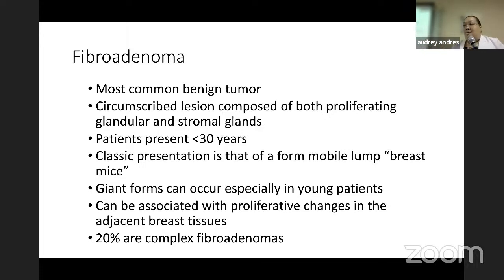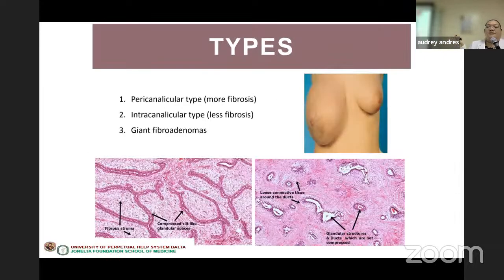It could occur in giant forms, but usually 20% are complex fibroadenoma. So these are the types.